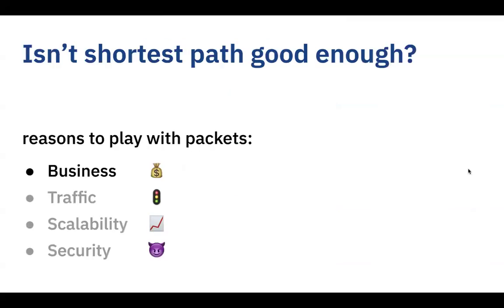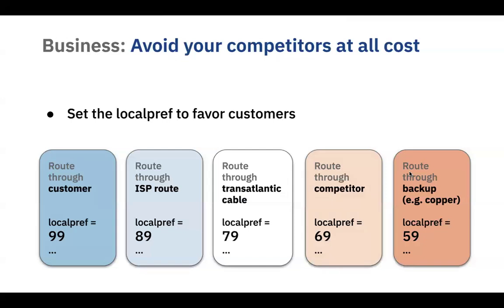So isn't the shortest path good enough? Why do we want to change the routing of packets? One of the reasons is business. First thing, we want to avoid routing traffic through our competitors because that costs us money. Usually, in most cases, we want to set the local pref, which is the highest ranking preference, to favor our customers because those are revenue generating.